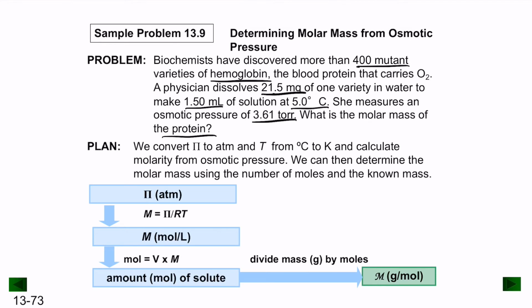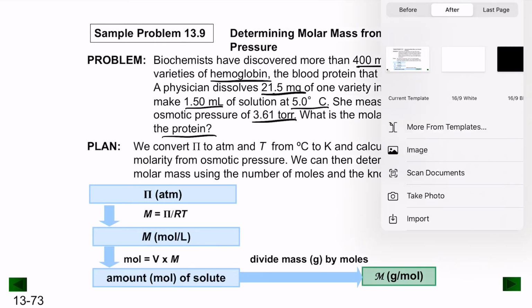So let's try and solve this problem here. What is given first? Write down first what is given in the data. The osmotic pressure is given as 3.61 torr. Next, the temperature is given as 5 degrees centigrade.